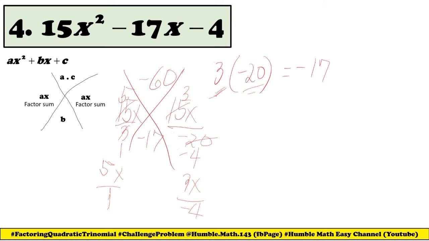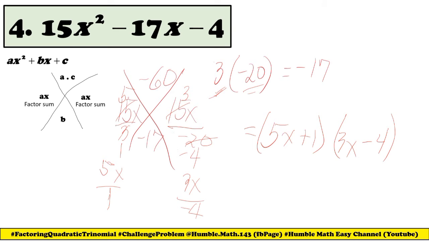So the first factor is 5x over 1, which means we copy the 5x in the numerator, and since the 1 is positive, we write plus 1. The other factor is 3x, and since this is negative 4, it is minus 4.